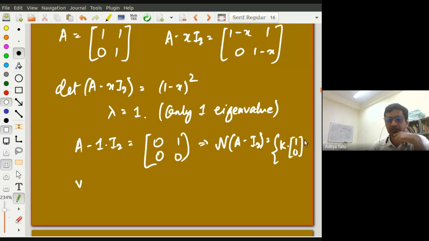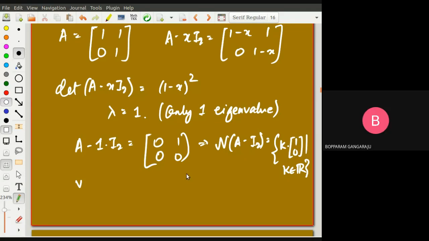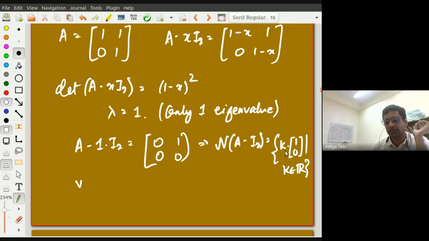How about this? If this matrix is multiplied to 1, 0, what will happen? It will give 0. Right? So any scalar multiple of the vector 1, 0 is in the null space.